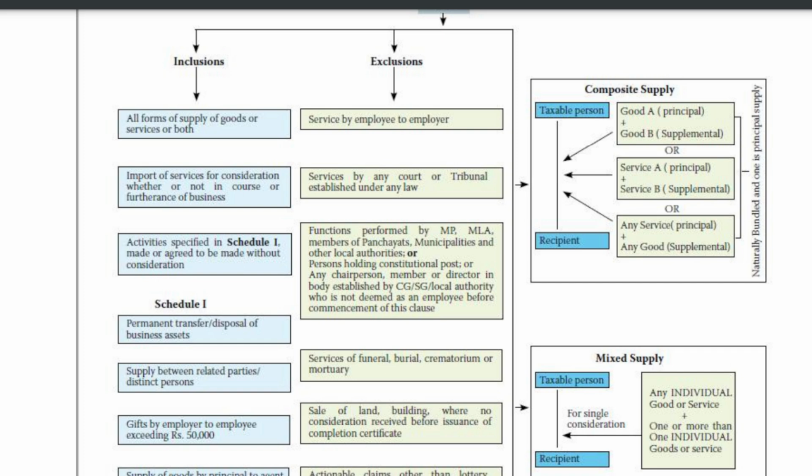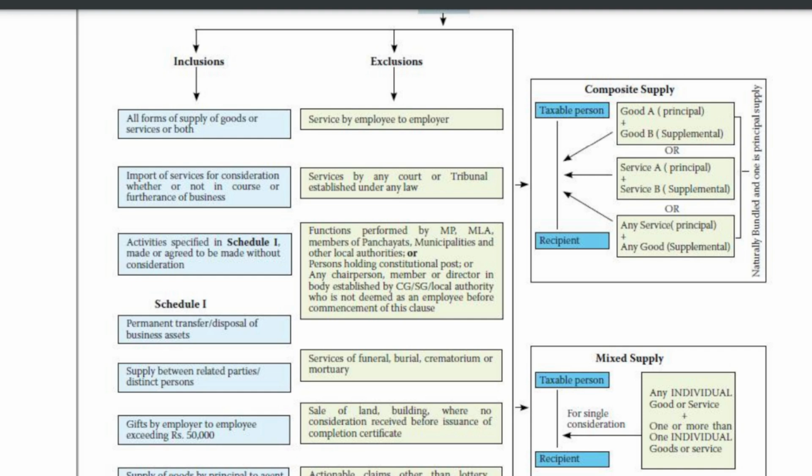Now let us understand, if you are giving two or three products together, then it may fall under composite supply or mixed supply. What do you call a composite supply? You call it a composite supply when there is a principal product and a supplementary product.